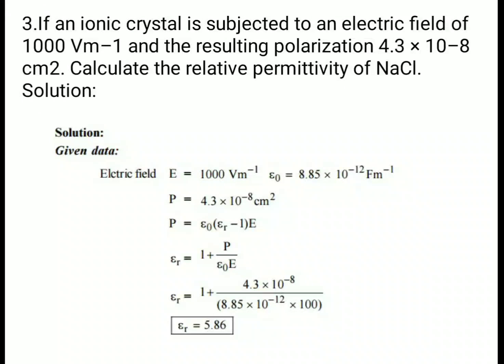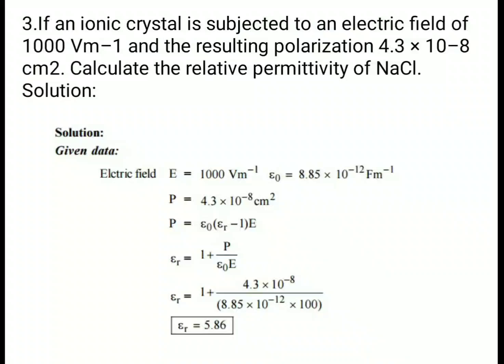Now next problem. If an ionic crystal is subject to an electric field of 1000 volt per meter and the resulting polarization is 4.3 into 10 power minus 8 coulomb per centimeter square, calculate the relative permittivity of NaCl crystal.